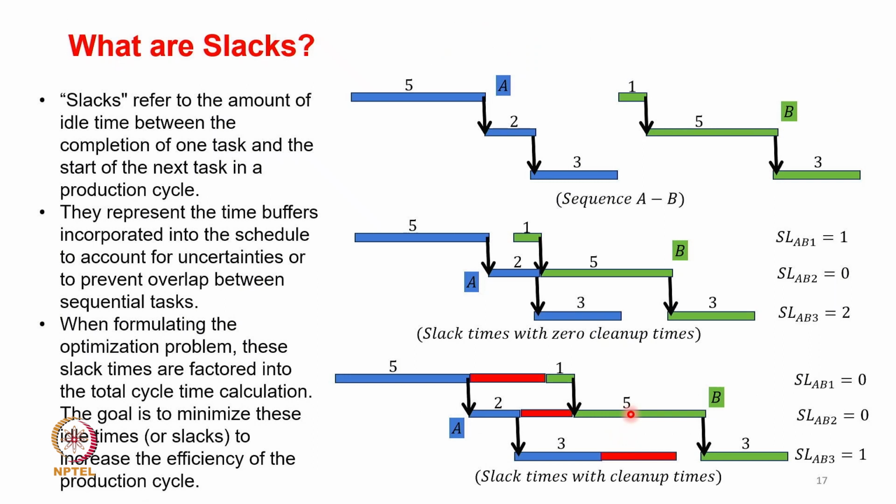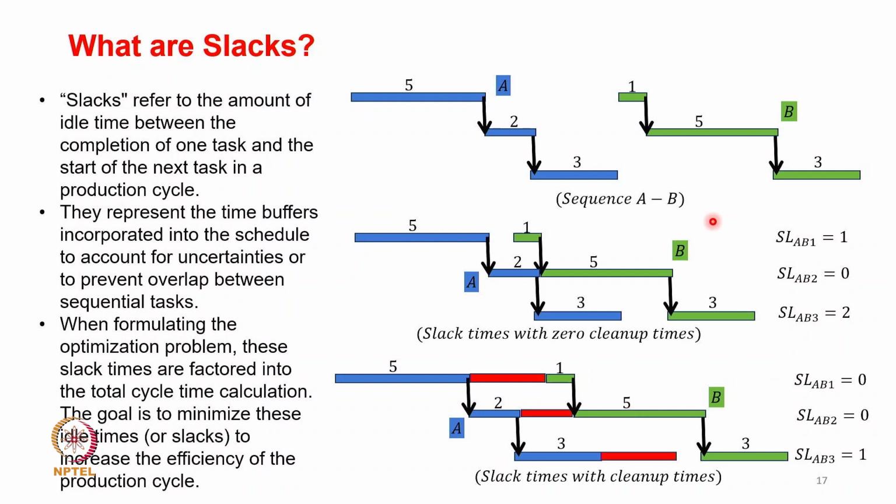So now let us consider a concept called slacks. What are slacks? Slack refers to the amount of idle time between the completion of one task and the start of the next task in the product cycle.